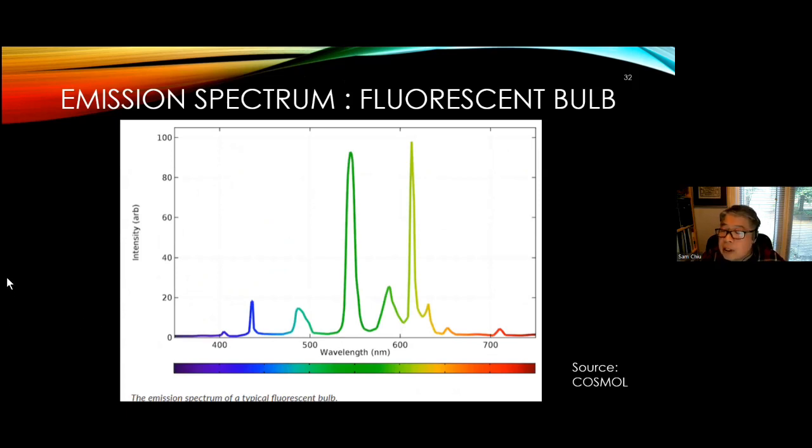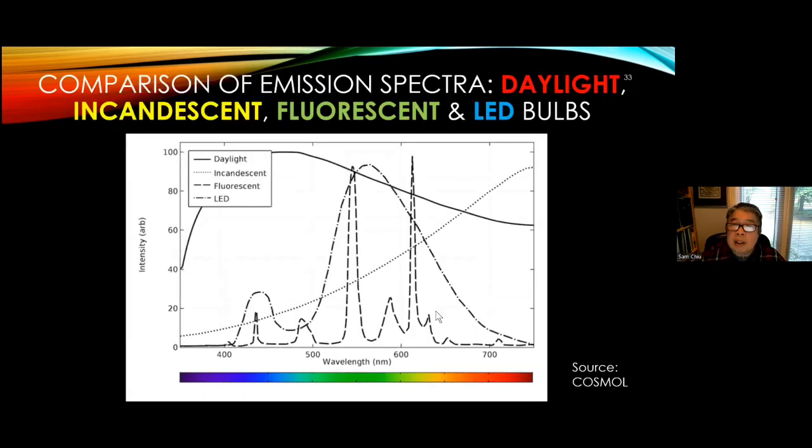This is the fluorescent light bulb. Look at the peaks. The peaks are the tell-all of a fluorescent light bulb. Let's combine all this, and now we have this LED light bulb, which is this animal here. So going back, this is the energy release according to wavelength of sunlight.